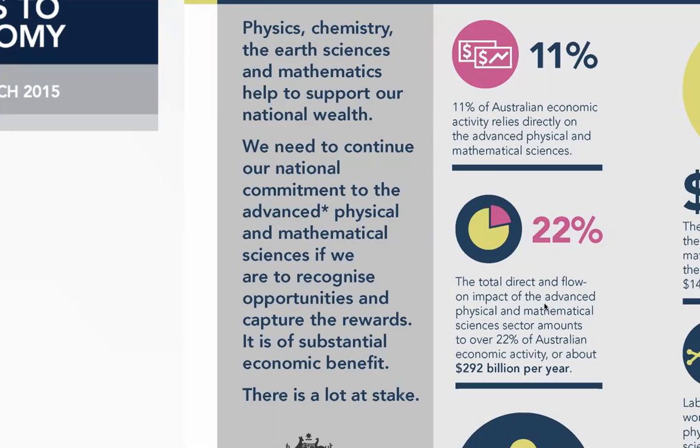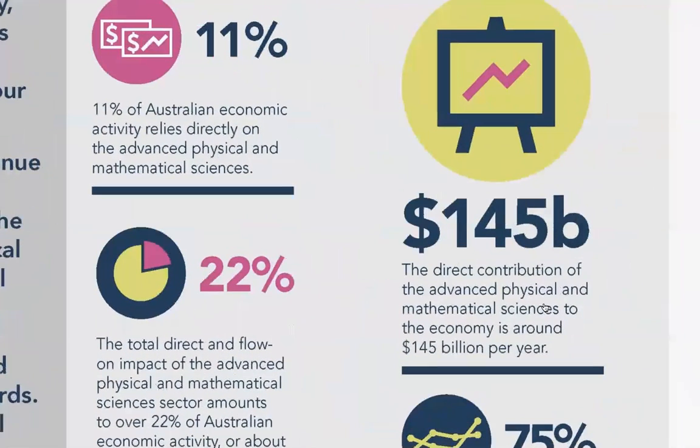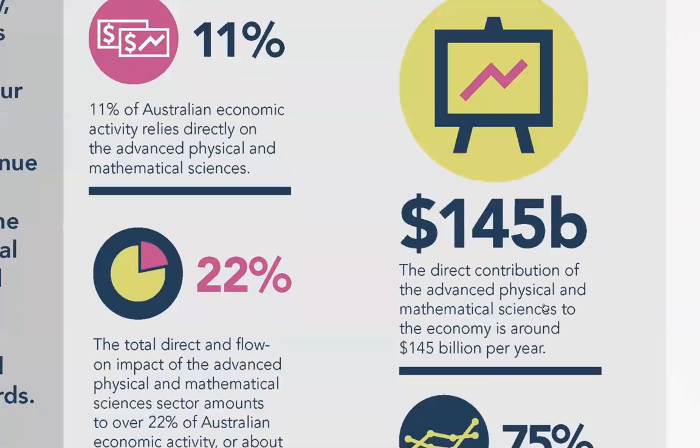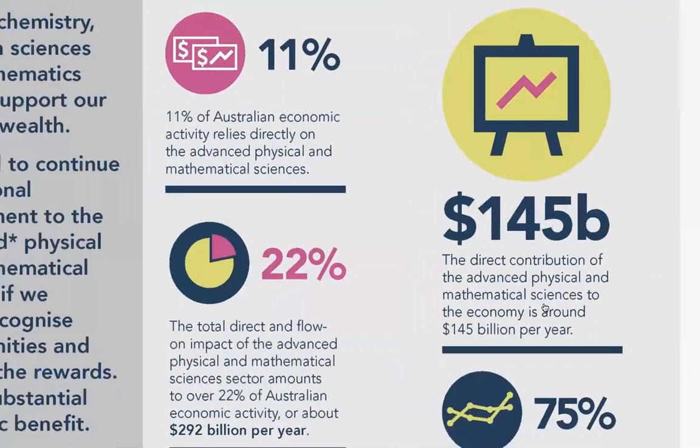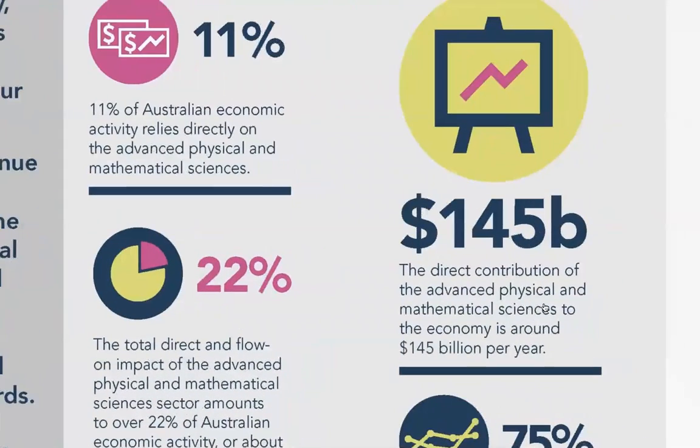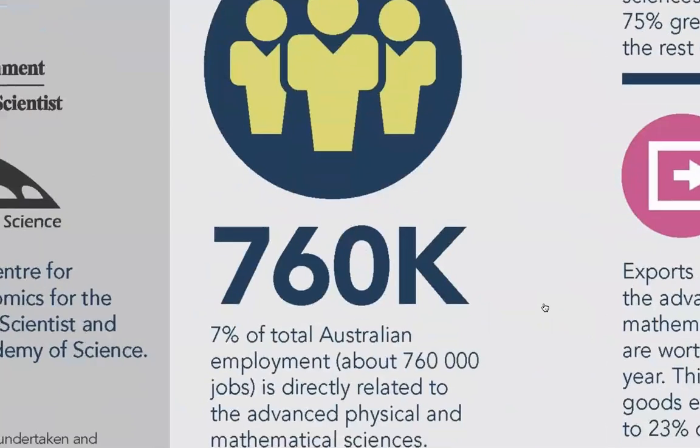22%, in 2015, almost $300 billion a year, was coming from scientific ideas, from flow-on effects and things like that. $145 billion from science work.